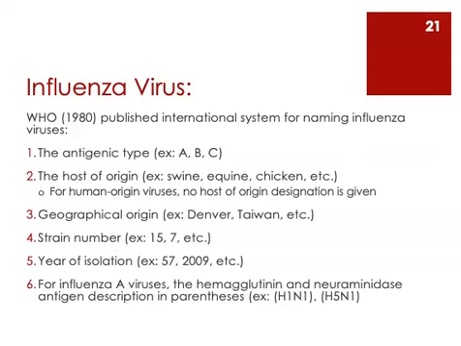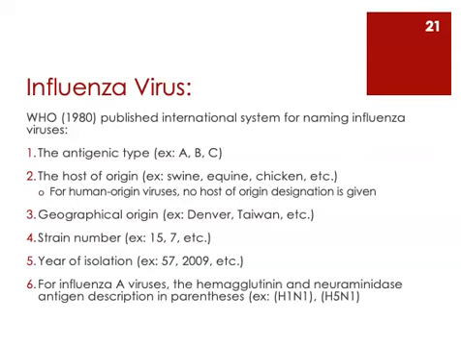If the virus originated in humans, no host of origin is listed. So if there's no host of origin in the name, you know it originated in humans. The next part of the name is the geographic area where it emerged.